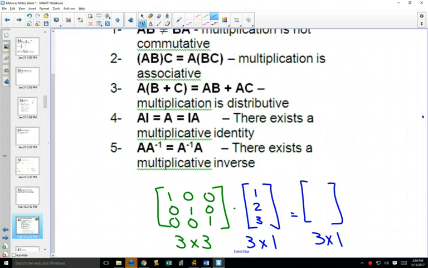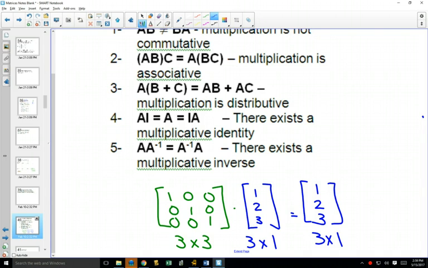Well, you take row 1 and multiply it by column 1. Do you see that the only number that gets hit is the first number with a 1? And so you get 1. And if I take the second row and multiply it by the first column, the only number is the 2. And then the 3. And so this identity matrix is like multiplying by 1.